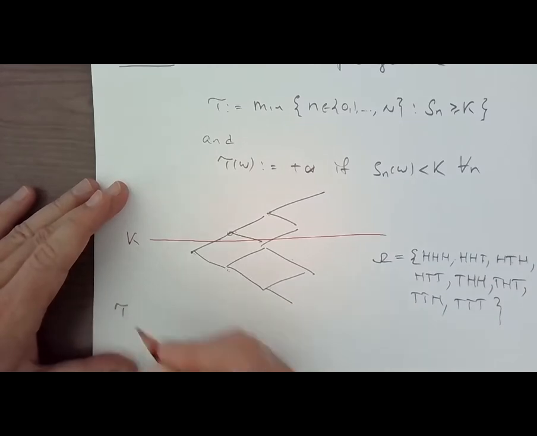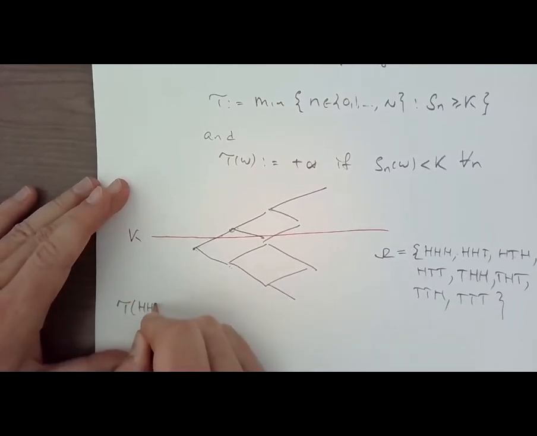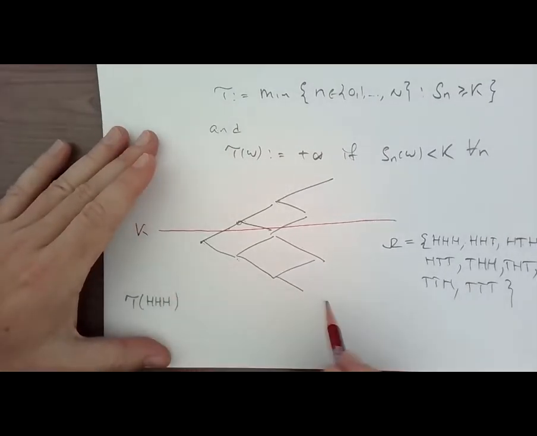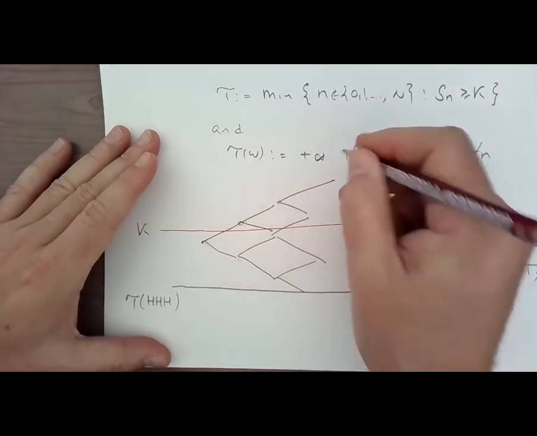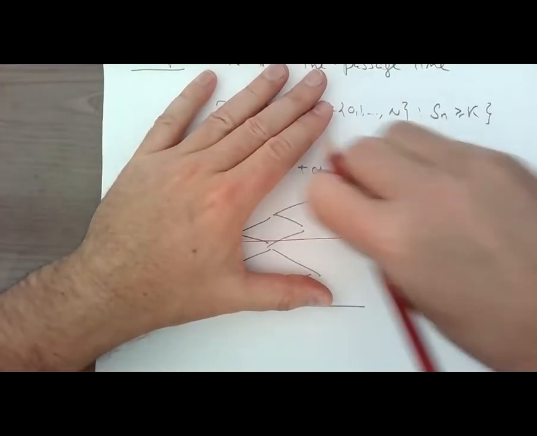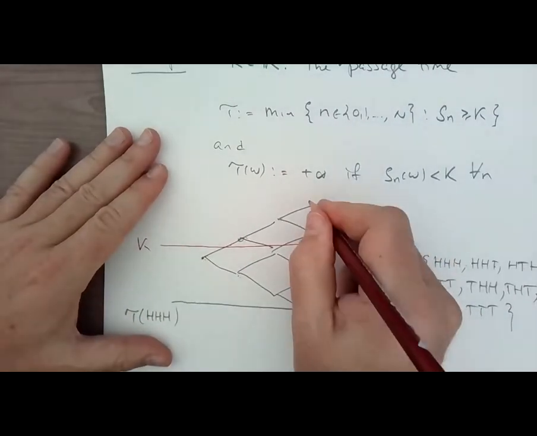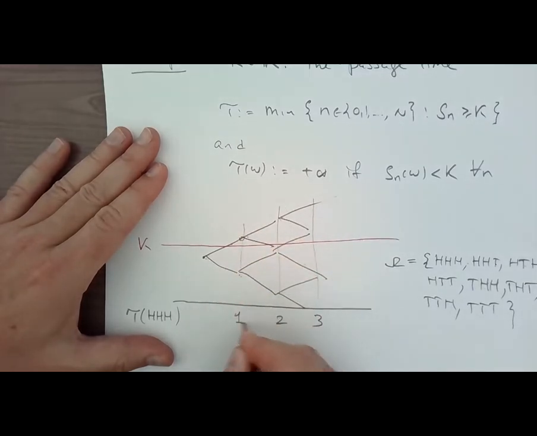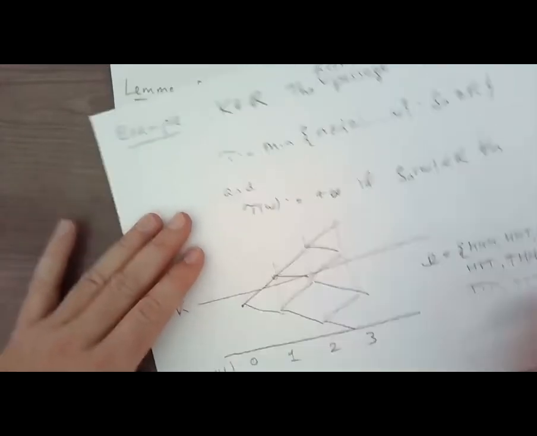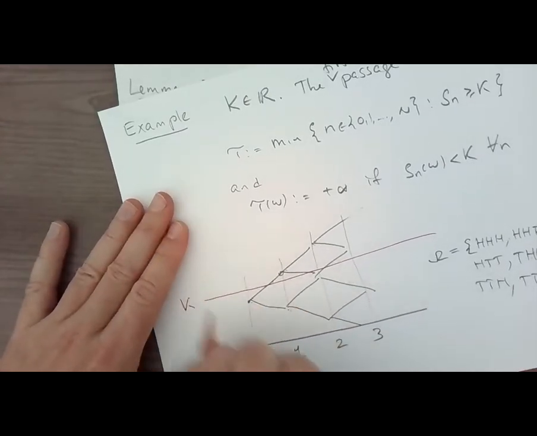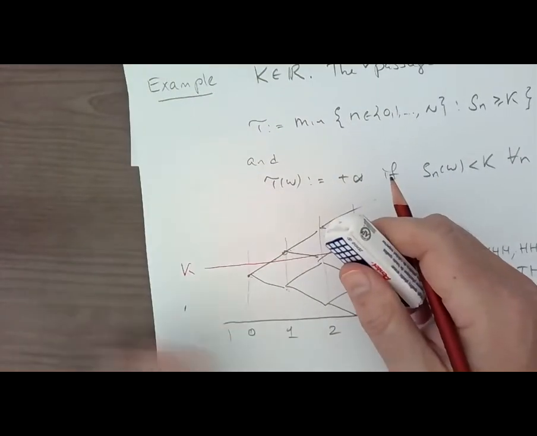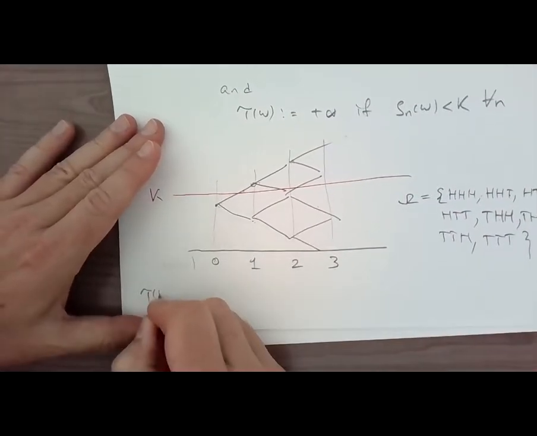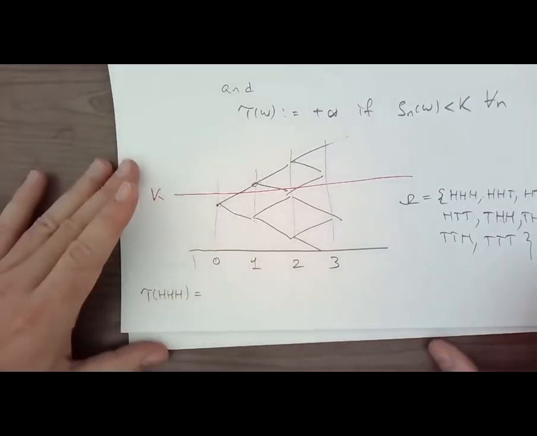Right. So we could try to work out what is tau at heads, heads, heads. And we have our time points down here. So out here in the end, this is time 3, time 2, time 1, time 0. So let's try to work out maybe not all of them, but let's just do some of them. If I look at heads, heads, heads, what do we get?